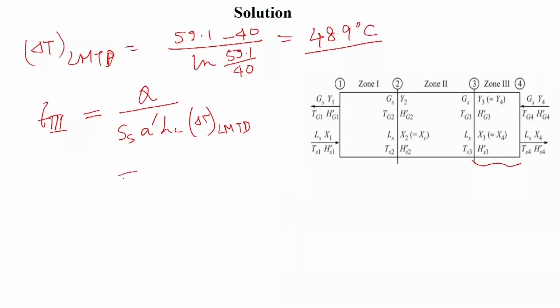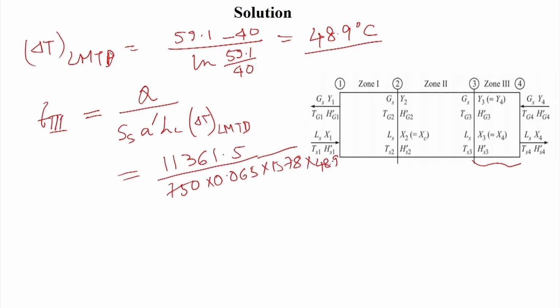So, Q is 11,361.5 divided by 750 into A, which is 0.065, into Hc, given as 157.8, and LMTD, 48.9. So, we got this time as 0.03 hour. So, T3 is 0.03 hour.